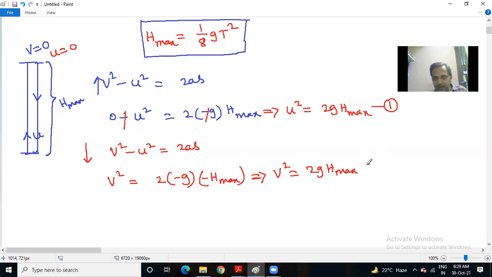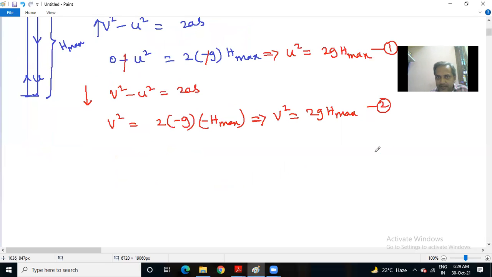So in equation 1 and equation 2, you are finding the right hand side is the same. So you can compare left hand side, v square is equal to u square, and v is equal to u.